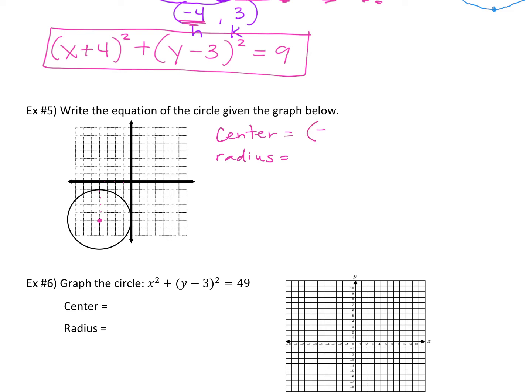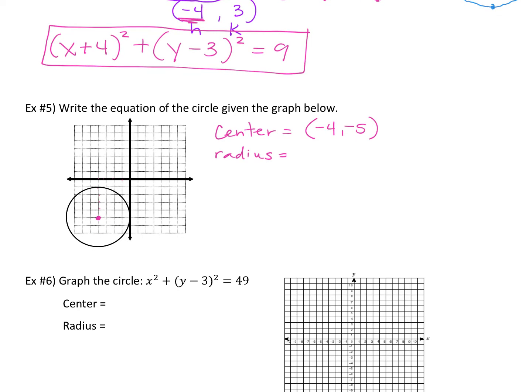The center is -4, -5. What's your radius? It would be 4, right? Just pick a point. 1, 2, 3, 4. So you have a radius of 4.